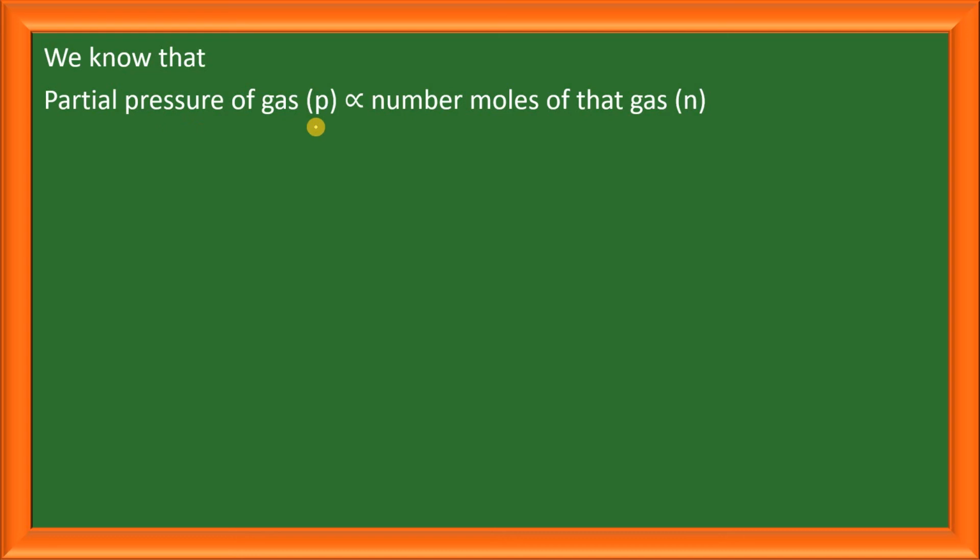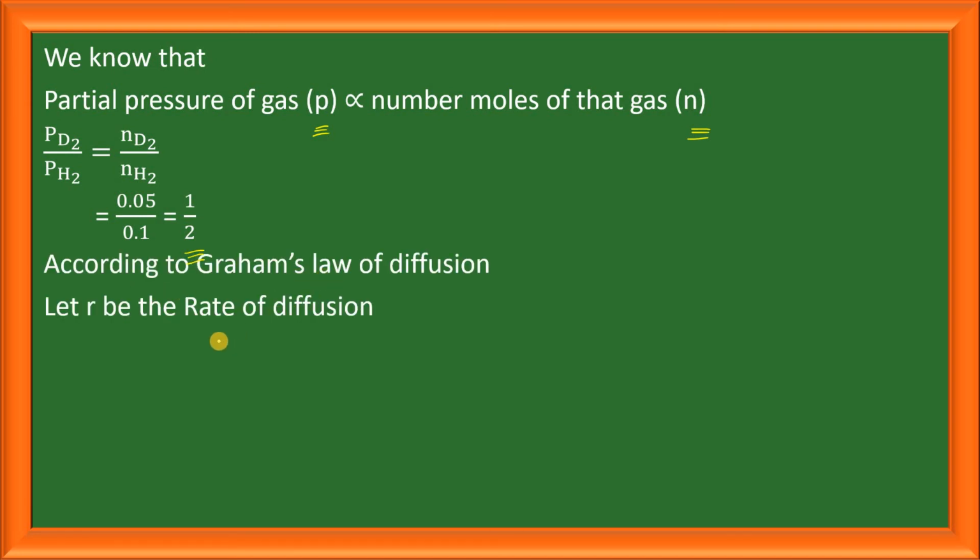We know that the partial pressure of a gas is directly proportional to the number of moles of that gas. Therefore, partial pressure of D2 by partial pressure of H2 equals number of moles of D2 upon number of moles of H2, so we get 1 by 2. According to Graham's law of diffusion, let R be the rate of diffusion.